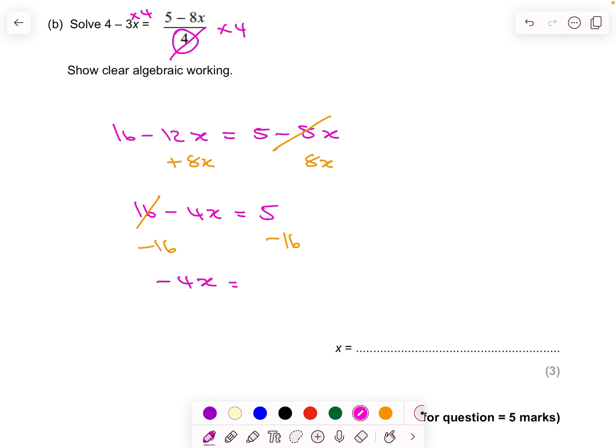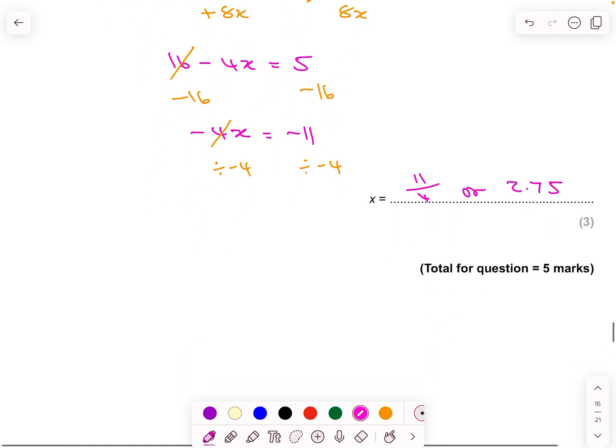Then I'm going to divide by minus 4 to get that x is 11 quarters, or we can write 2.75, or we could even write 2 and 3/4. Okay, all are fine as a final answer.